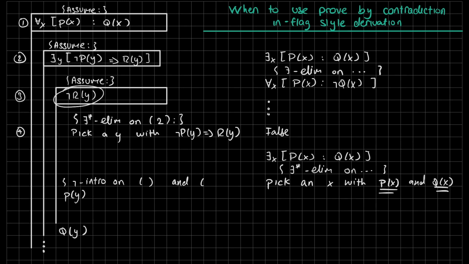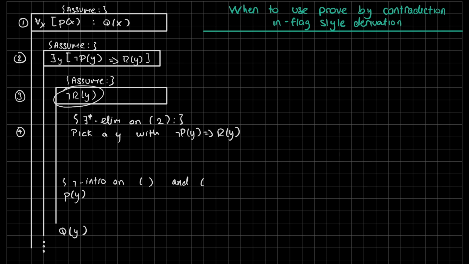Well, let me just get rid of what we have on the right so it doesn't take up space in our proof. Okay, so on this line and this line, followed by double elim.